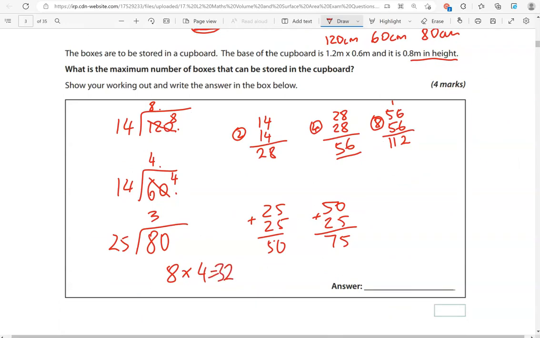And it's 3 levels, so we're doing 32 times 3. 3 times 2, that is 6. 3 times 3 is 9. So that is 96 boxes.